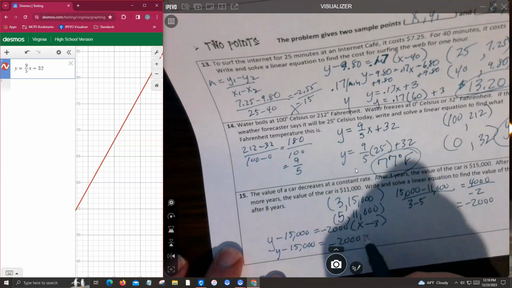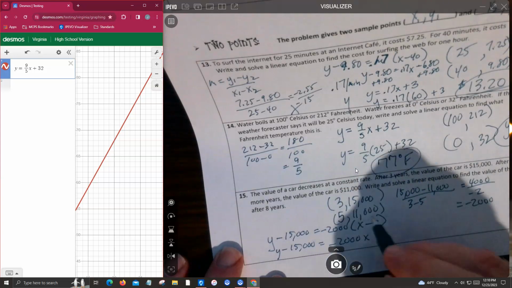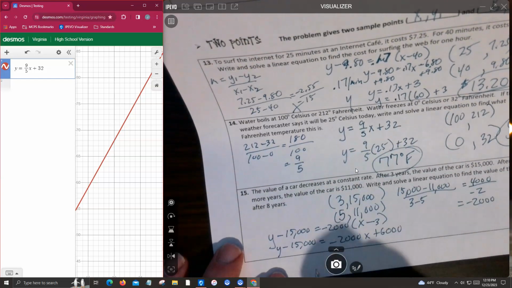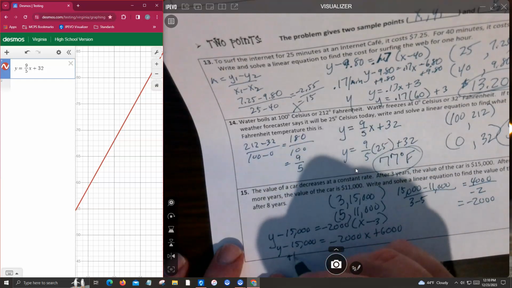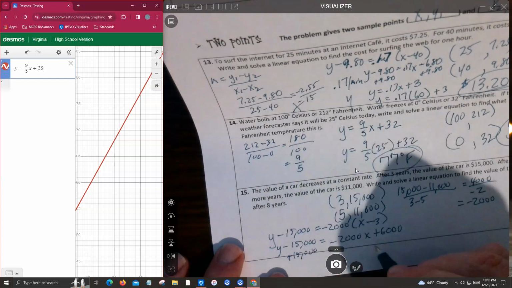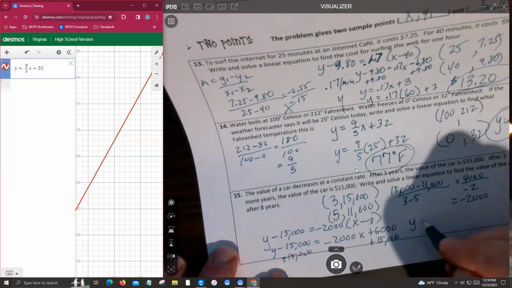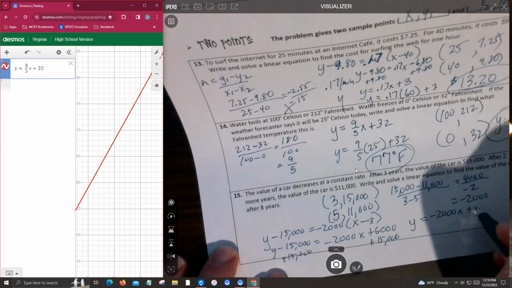Remember, all the first step does is add x to the negative 2,000, and this becomes 6,000. Okay, bring that over. Plus. And so some interesting things you're going to find out here. Okay, so now we have negative 2,000x plus 21,000.